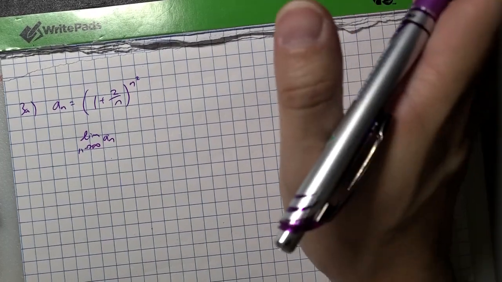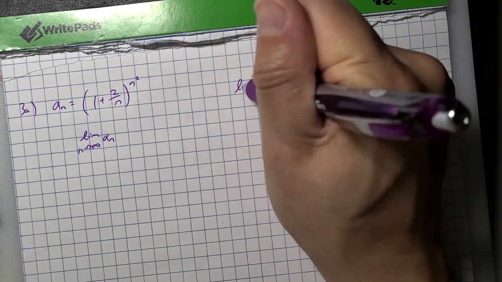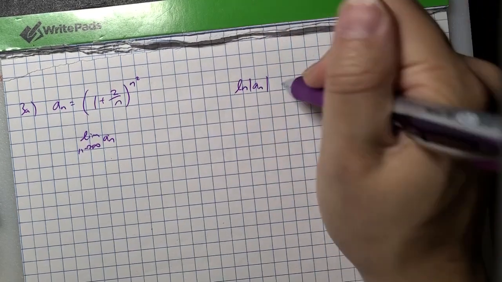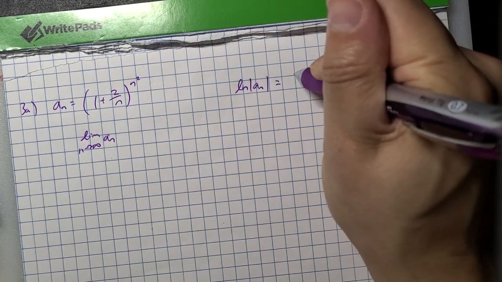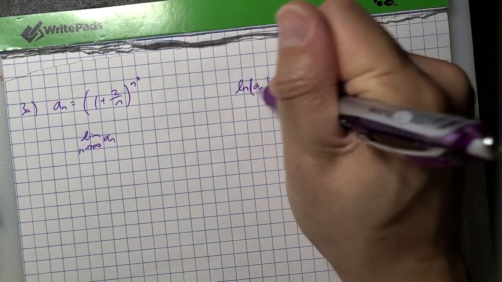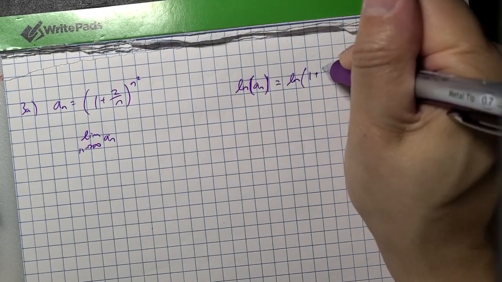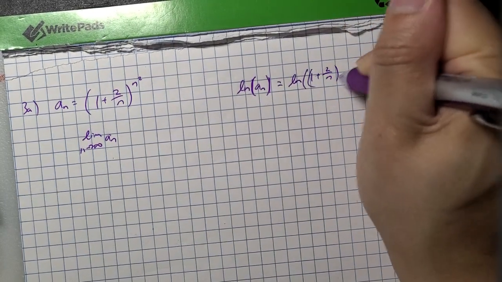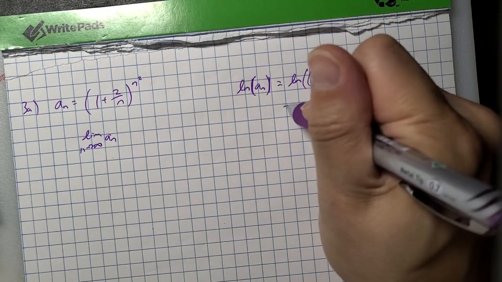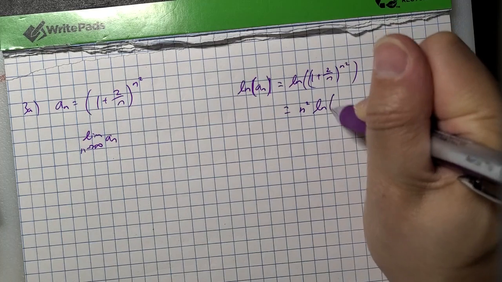Not logarithmic differentiation, we're not differentiating here. We can take the log of both sides, so natural log of a sub n is equal to natural log of (1 plus 2 over n) to the n squared, which we can pull the exponent out by properties of logs.